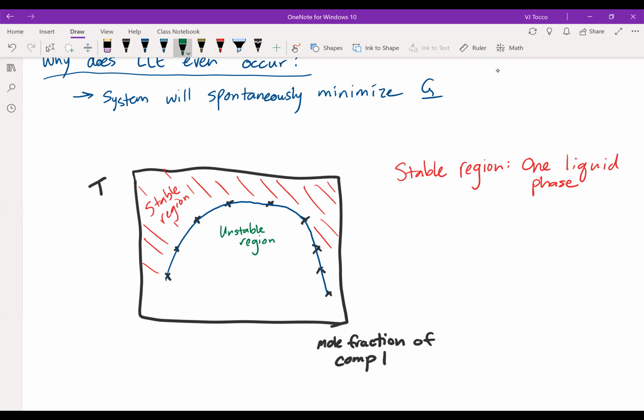So if your composition and your temperature is such that you are in the unstable region, just like in vapor-liquid equilibrium, let's say our composition is here and our temperature is there. That means our coordinate is there, falling in the unstable region.